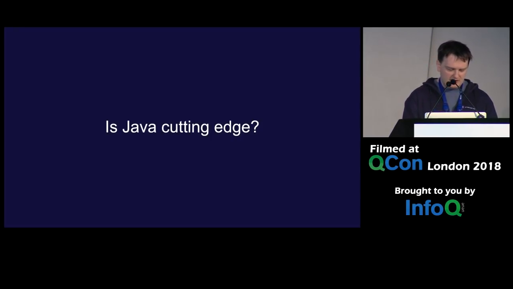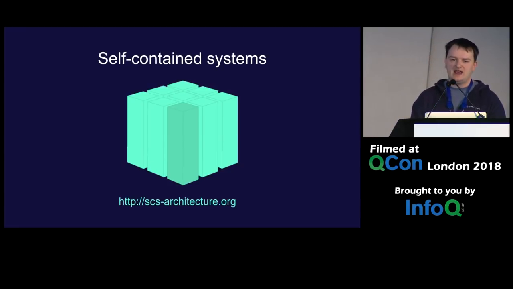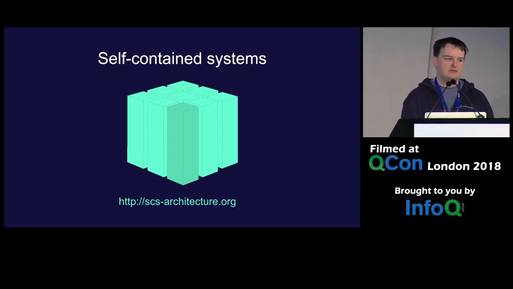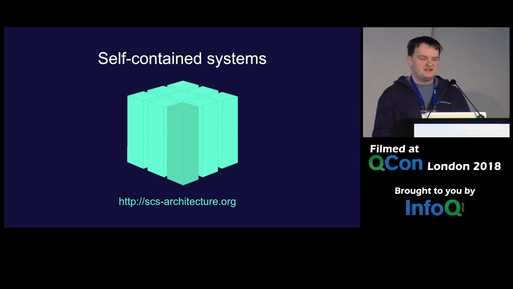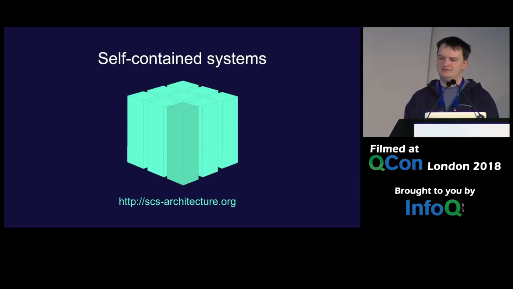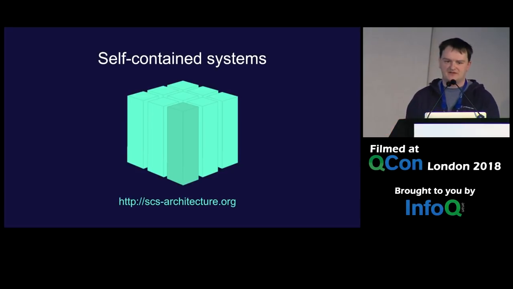So next up, I'm going to talk about how we have designed the system at Starling Bank, how we have designed the server back-end code. So we've based ourselves on the principle of self-contained systems. Now, I'm not going to go through every single aspect of self-contained systems.